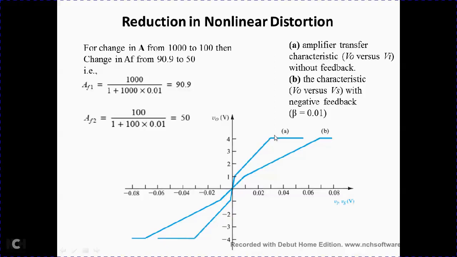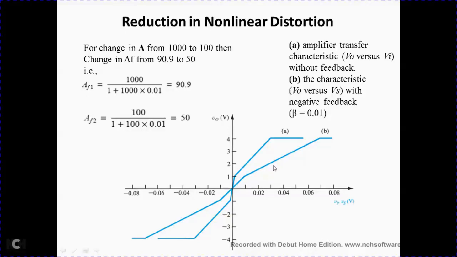There are more sudden changes in the curve, and it is of course a piecewise linear characteristic curve. See the difference. This is the non-linear one, and this is more like a linear one. Any change in the input gives an equal change in the output.